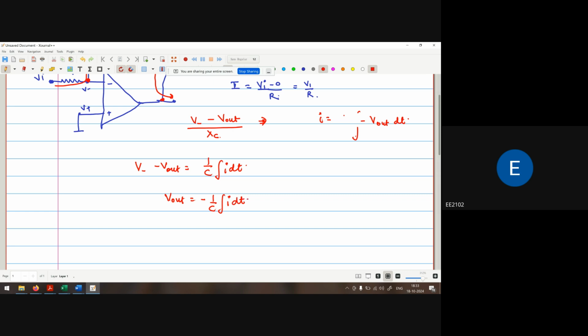And what is the value of I? Vi by R. So V out is equal to minus 1 by C integration of Vi upon R dt. R is a constant, so V out is minus 1 upon RC integration of Vi dt. So the output voltage behaves as the integration of the input. That's why it is called the integrator.